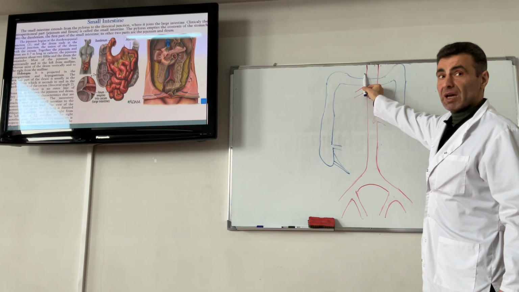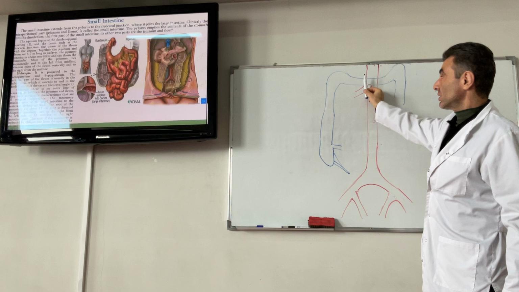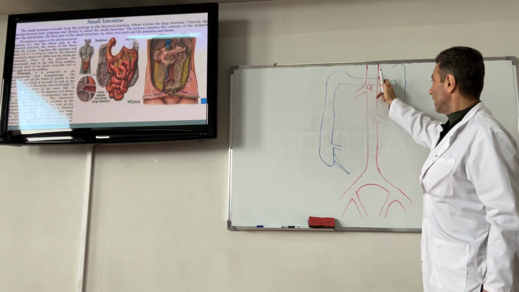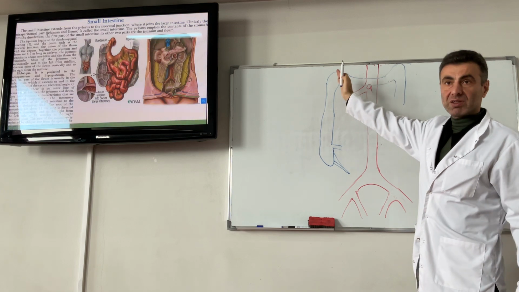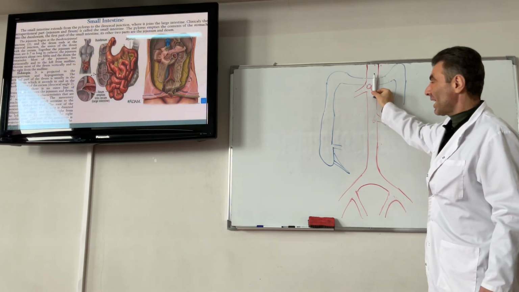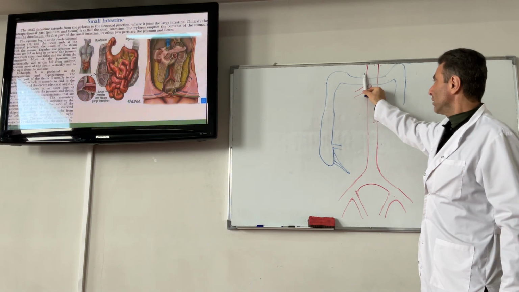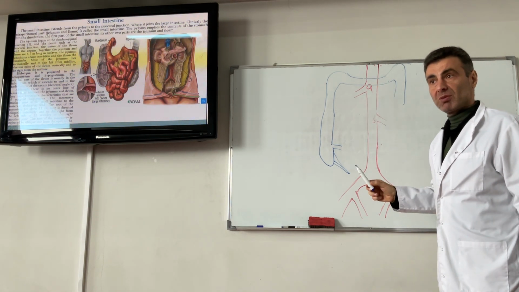Into the left side. Why? Because the midline is here. I wanted to make it symmetrical, so I drew a little bit less on the left and a little bit more on the right side, because my aorta is not the midline. My midline is here. Do you understand me or not?